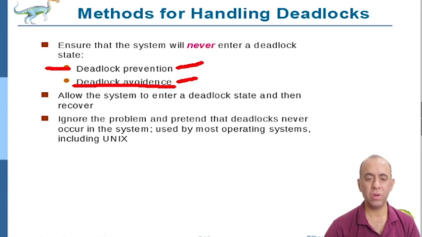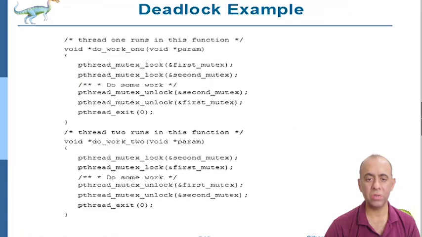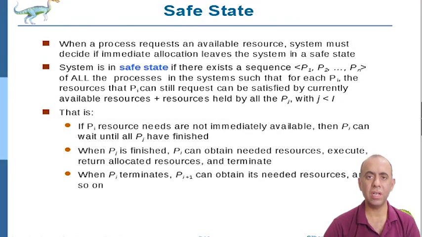To do that, the deadlock avoidance algorithm looks for a safe state. If the operating system finds the processes and resources in a safe state, the operating system says that that scenario is not leading to a deadlock, so we can grant the request of that process.